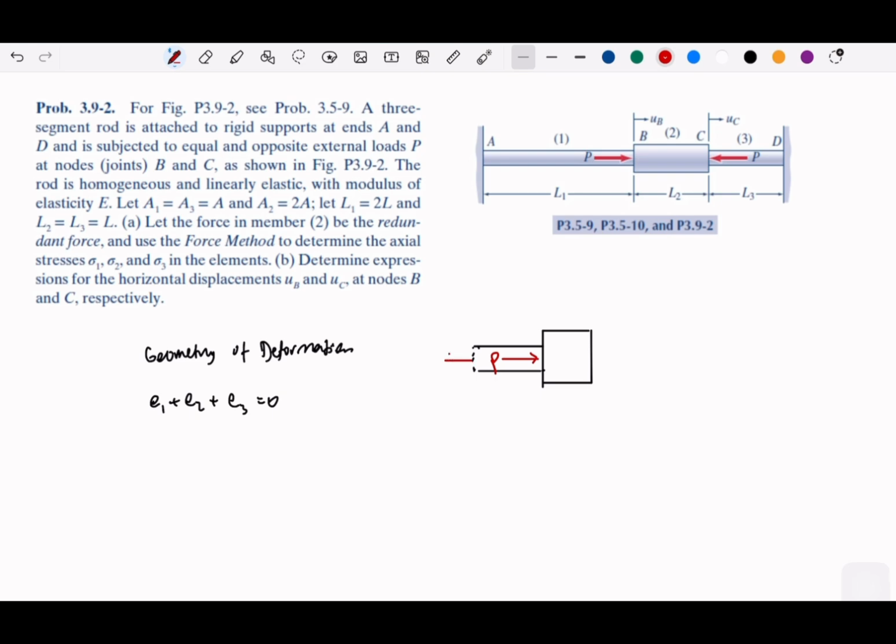Let's say this is F1, and this is F2. So this is element 1, element 2, and this is B.